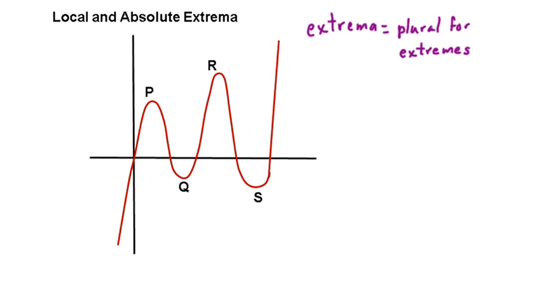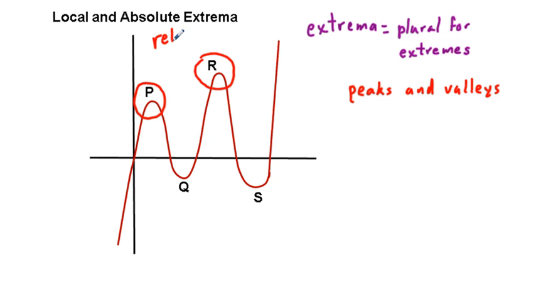And so if we look over here at the function itself, we're looking at peaks and valleys. Okay, so here we have what I'm circling in red here. We have relative maximums, and that would be these two here.